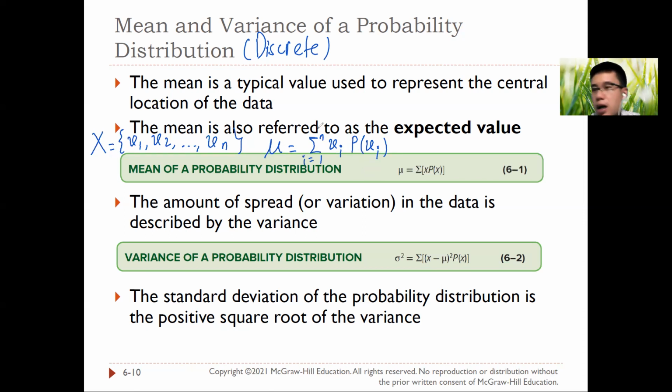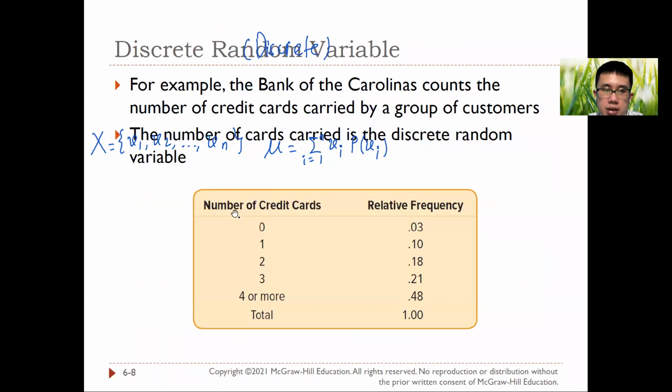Actually this mean is a summation of the multiplication of x_i with its corresponding probability. For example, in our previous example, suppose that this is x1, and of course this is the probability of x1. Suppose that this is x2, this is the probability of x2.